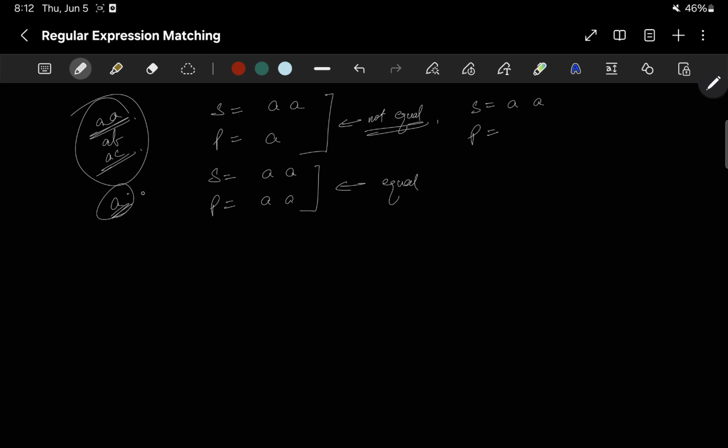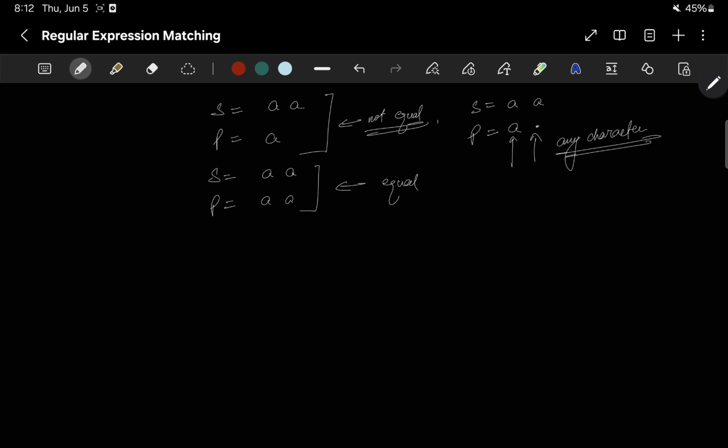A dot means A matches A and dot can match any character. So if it's A dot, it matches. Even if it's AB, yes, they are equal, right? If it's AZ, they are equal because dot can replace any character.